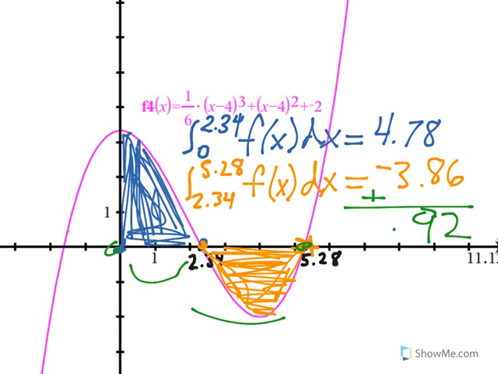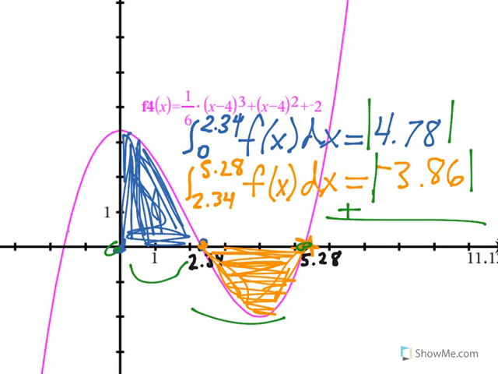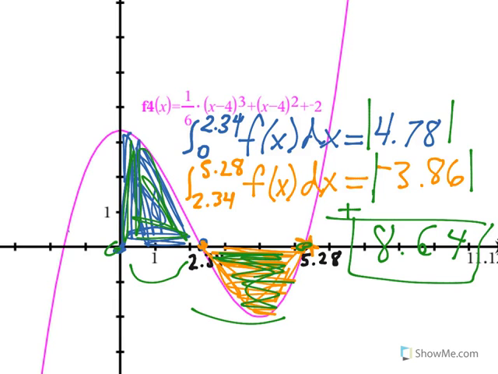But since we want the total area, not the net area, we need to take the absolute value of these instead, so that it makes both positive. So the total area, when you add those, comes out to be 8.64. So that's the total area of this whole green section right there.